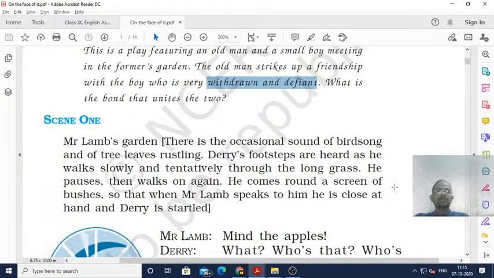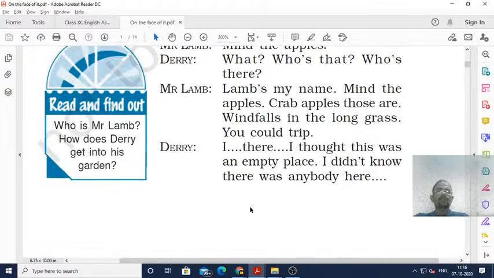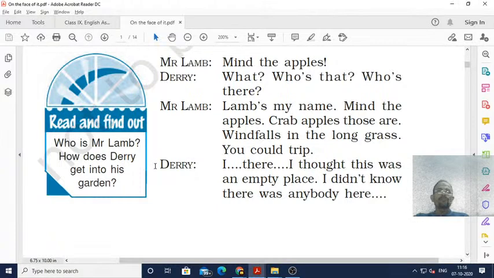He comes round a screen of bushes so that when Mr. Lamb speaks to him, he is close at hand and Derry is startled. The name of the boy in this play is Derry. He is a small boy. He has come to Mr. Lamb's garden, and now there will be a conversation between the two. Let's find out what the conversation is all about. Dear students, we are going to begin very shortly.